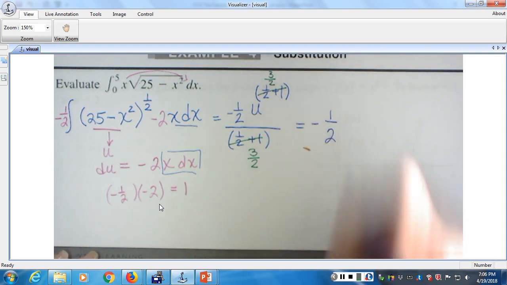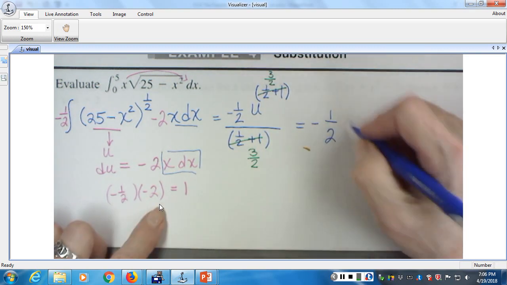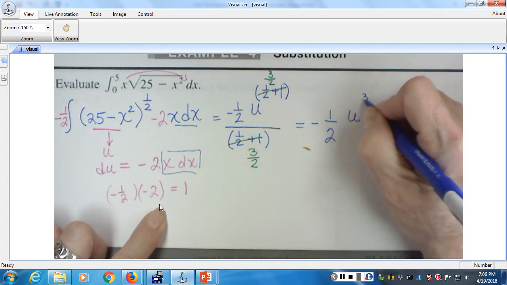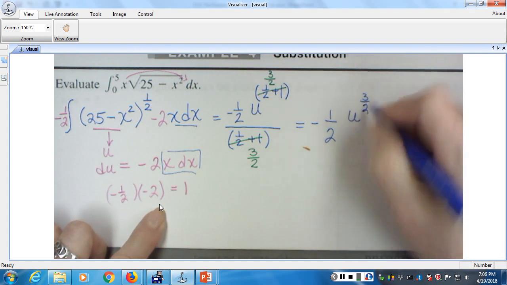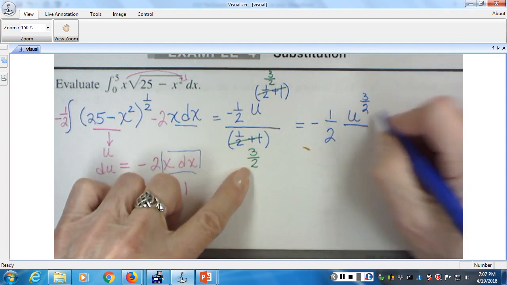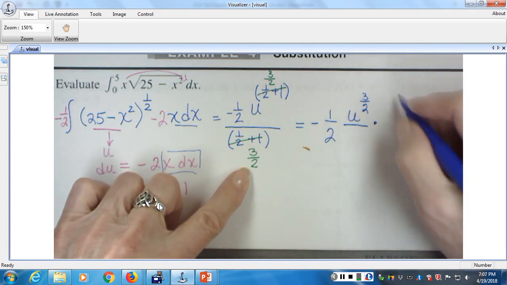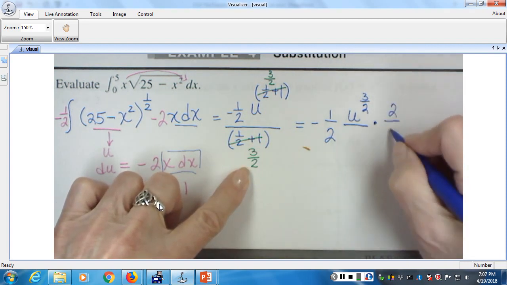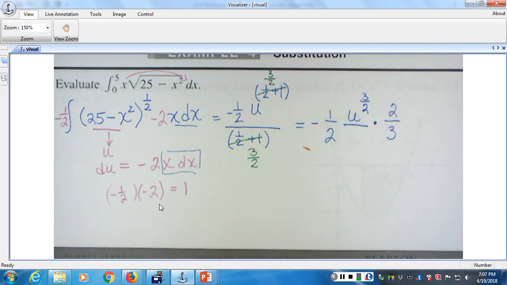I'm going to pull my 1/2 out in front, times u to the 3/2. And rather than divide by 3/2, I'm going to multiply by 2/3 because that's how you divide by a fraction, you flip the fraction over and you multiply with it. That's what drives this. Division by this is the same as multiplying by its reciprocal. That's why you had to learn all that stuff a long time ago.